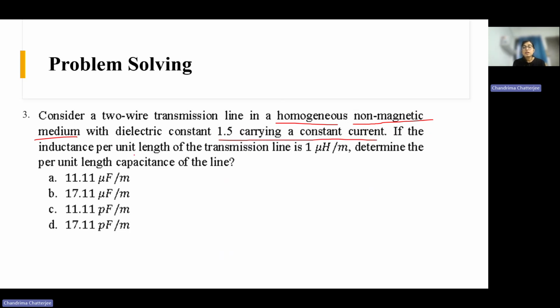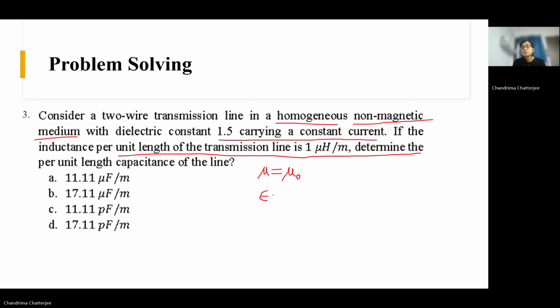If the inductance per unit length of the transmission line is 1 microhenry per meter, determine the per unit length capacitance of the line. See, first of all, they have told that it is a homogeneous non-magnetic medium. That's why we can take mu equal to mu naught. Because this is a non-magnetic homogeneous medium, we can take mu equal to mu naught, and the dielectric constant is given.